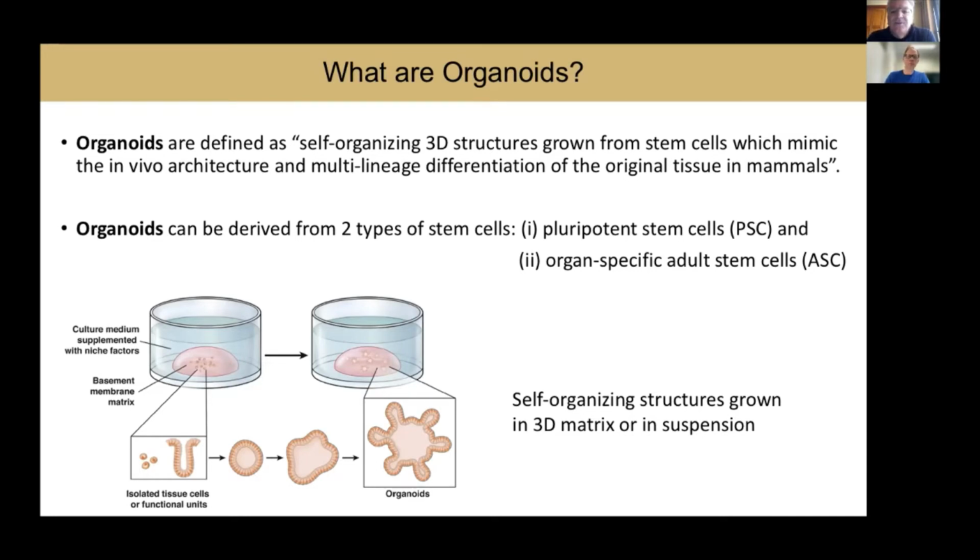There are two types of organoids: pluripotent stem cell-derived organoids and adult-specific organoids. These are usually grown either in a 3D matrix or in suspension. And in most cases now, we perceive these organoid systems to more closely reproduce or represent in vivo tissues.